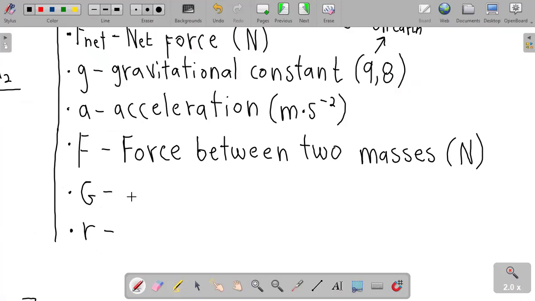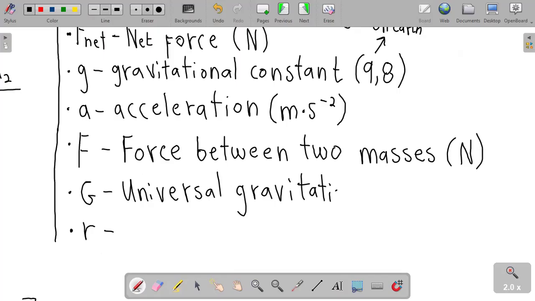And then the capital letter G. The capital letter G here is the universal gravitational constant. This is a constant that is the same everywhere in the universe.